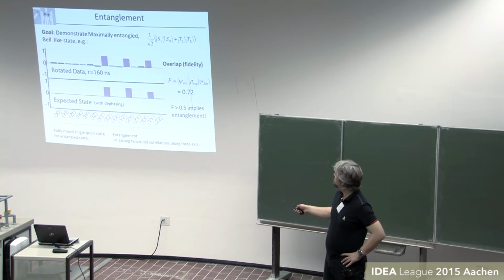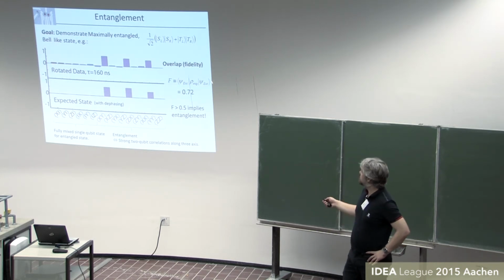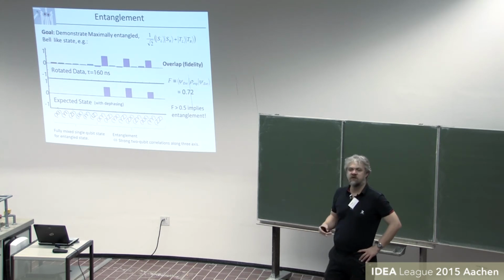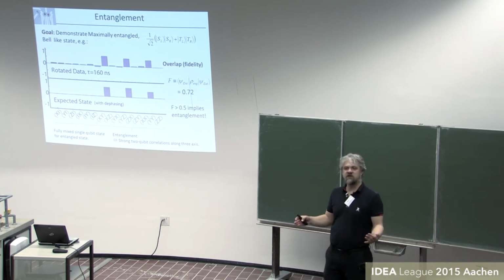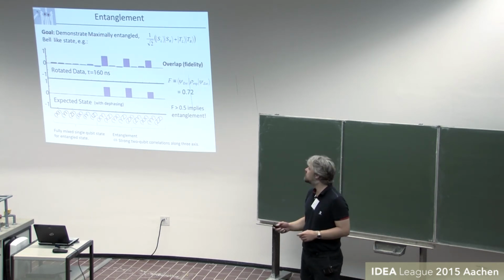So we didn't quite hit it perfectly. This would only have the correlation terms and 0 single qubit terms, but you see a strong resemblance. And if we compute the overlap to the nearest Bell state, so the nearest perfectly entangled state, it's about 72%, and that is above the threshold for entanglement.